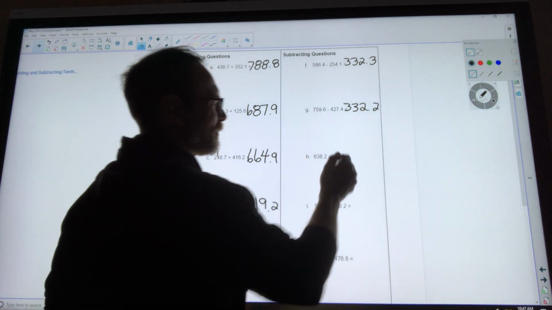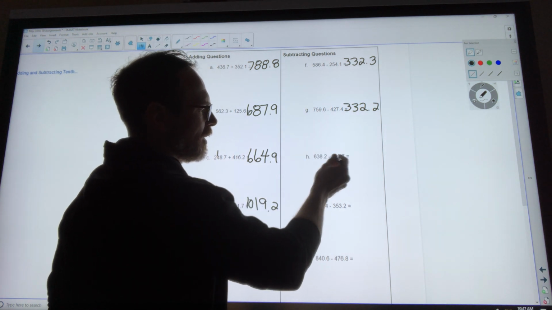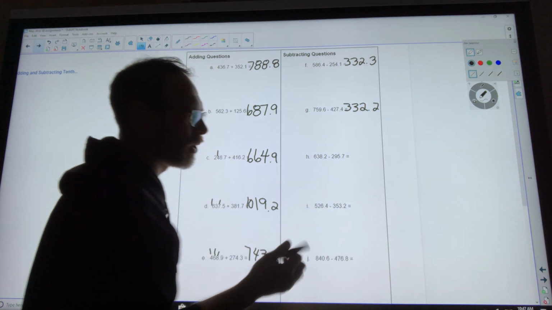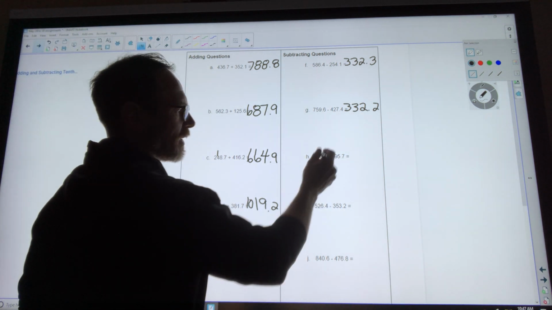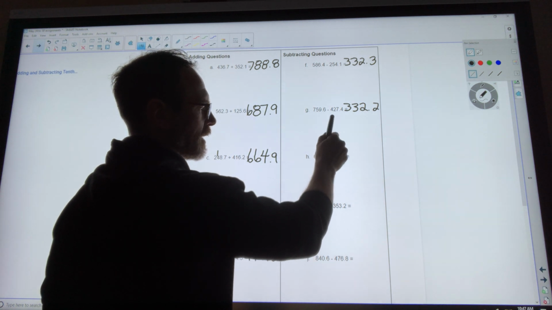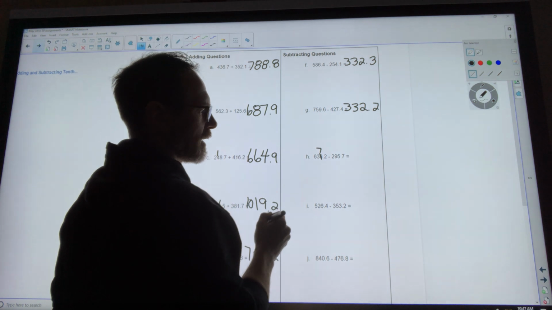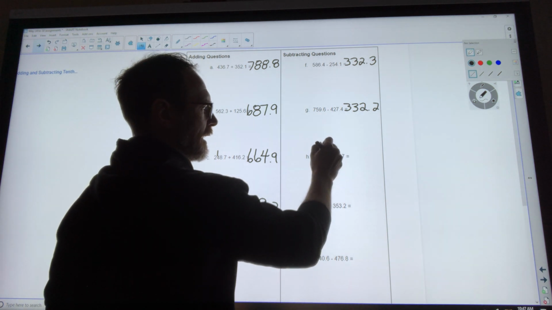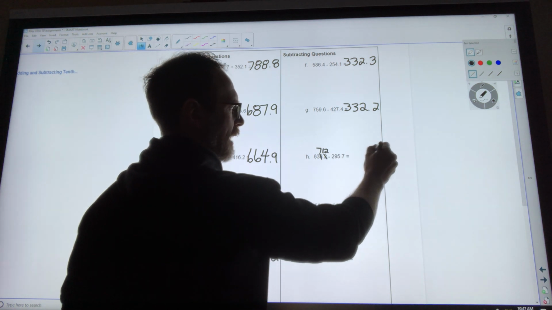For H, I have 600 minus 200, so my answer is going to be 400, probably closer to 300 actually, because it looks like I have some borrowing to do. All right, so let's start with the tenths place. 2 minus 7 I can't do without borrowing, so this 1 is going to become a 7, and now I'm going to have 12 tenths here. 12 minus 7 is 5.